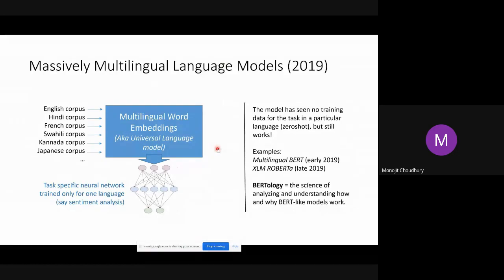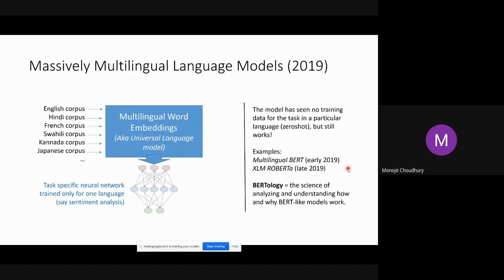So this was the massively multilingual language models paper that came in 2019, and eventually people tried to make it further better, push in more languages. So you have XLM Roberta, you have Microsoft has a similar model called Turing, and all big companies like Microsoft, Google, Facebook are talking about moving to these models to serve a very large number of languages.